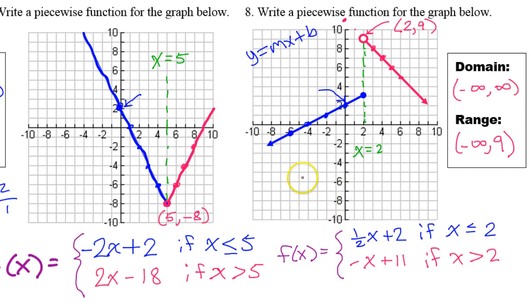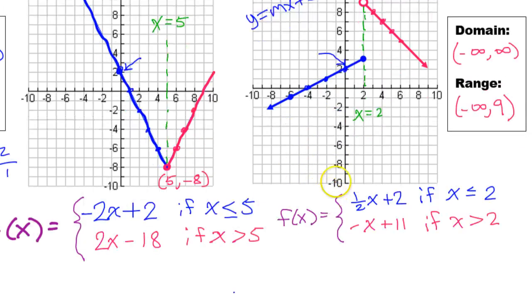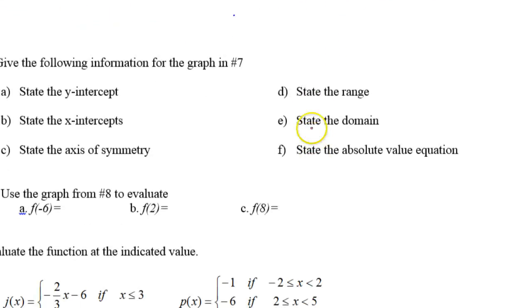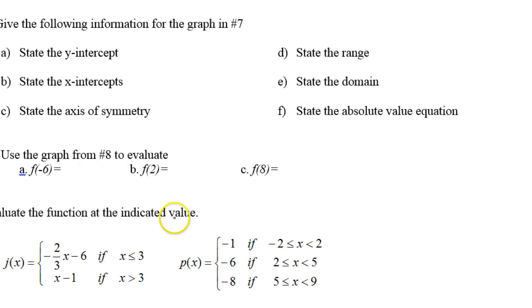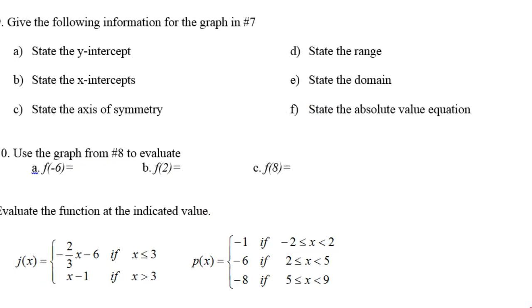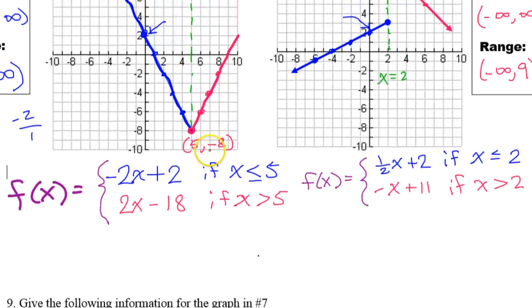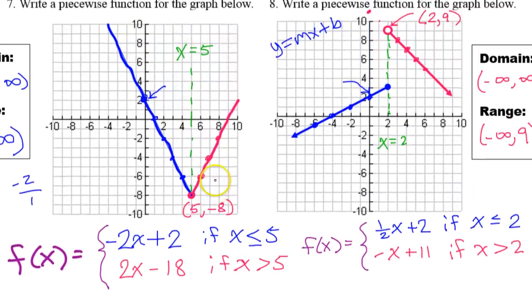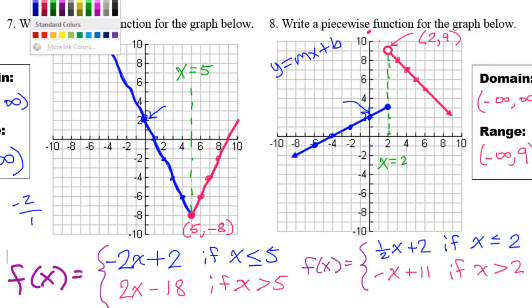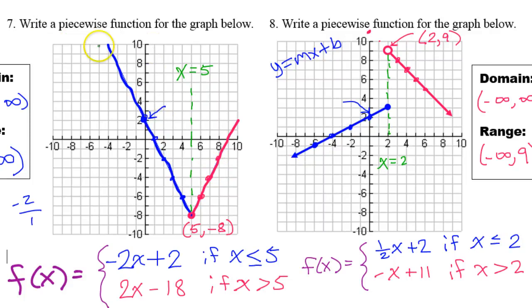So that's it for number 8. Now, problem number 9 and 10 refer back to problem number 7 and 8. So let's see. State the y-intercept in problem number 7. All right, there's only one y-intercept in problem number 7 because look at the v.